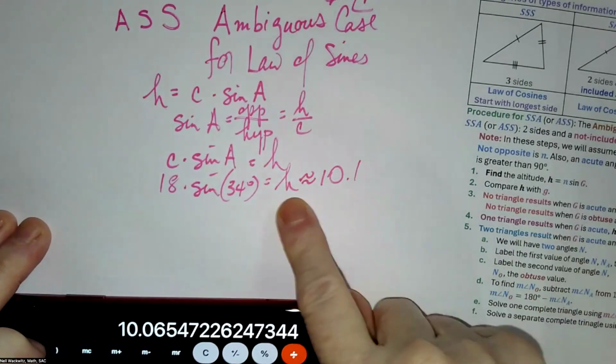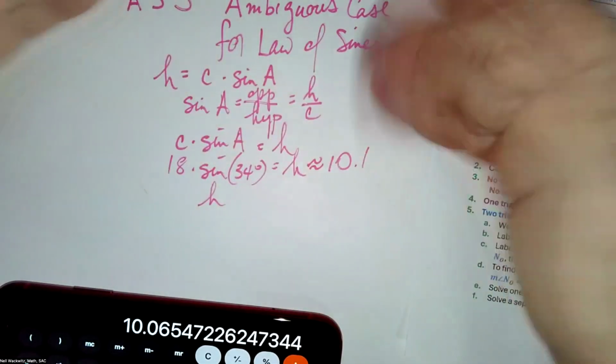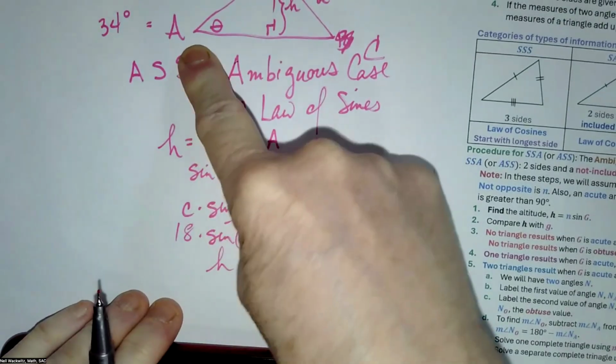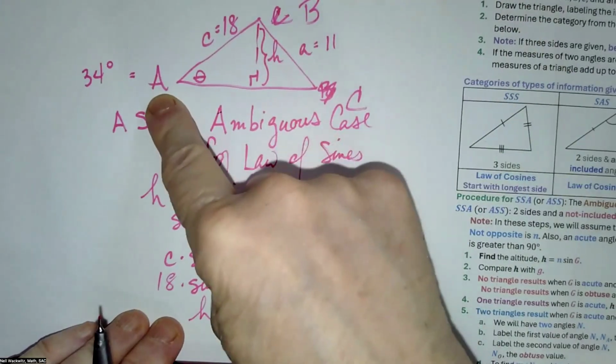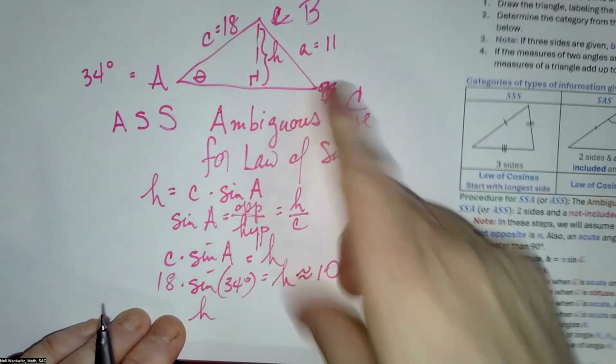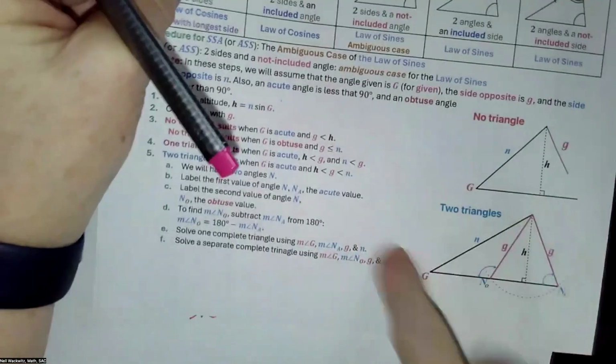And we're going to compare h and the given side. So here we're given side-angle, A. That means that A is the given angle and little a is the given side, if you use the notation that I used on these.